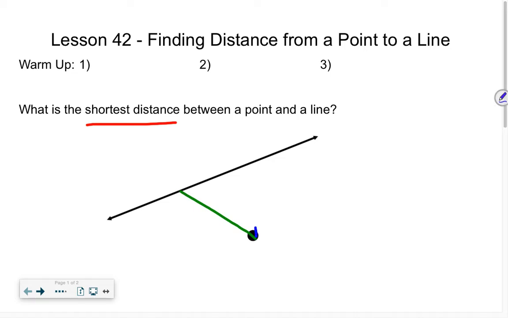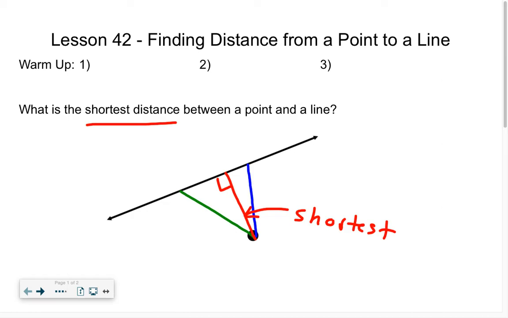I could maybe draw in this one. But even furthermore, somebody might say, you know what? I think if I took a straight edge and made a straight line going from the point to the line and also used a protractor to ensure that I created a 90-degree angle, I think that would be the shortest one. And long story short, you would be right.